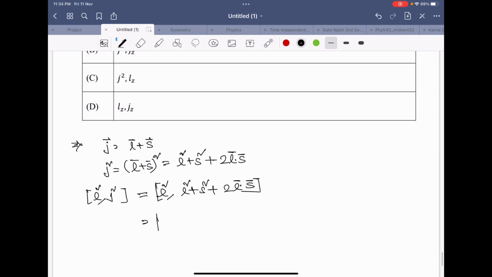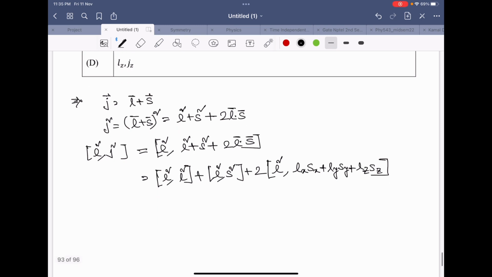So the commutator of L square with J square, which is L square plus S square plus 2 L dot S. We can write this separately: the commutator of L square with L square, plus L square with S square, plus 2, which is outside as it is a constant, times the commutator of L square with L dot S. Now L dot S can be written as Lx Sx plus Ly Sy plus Lz Sz.